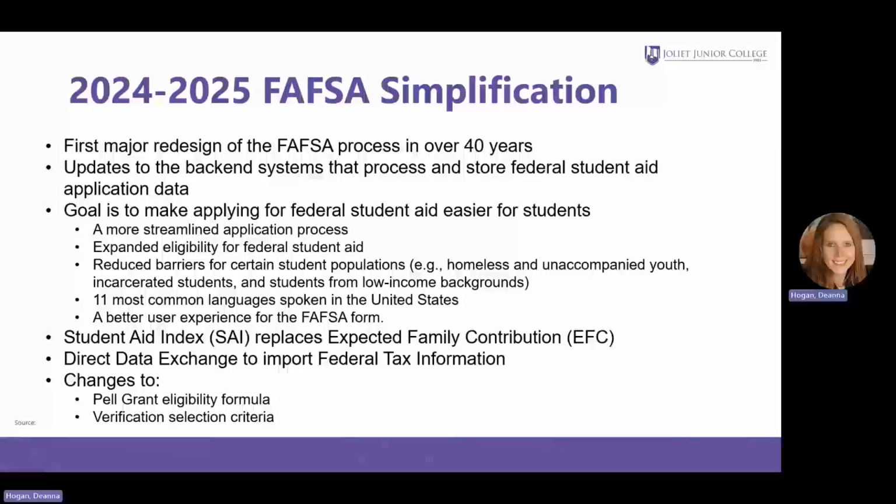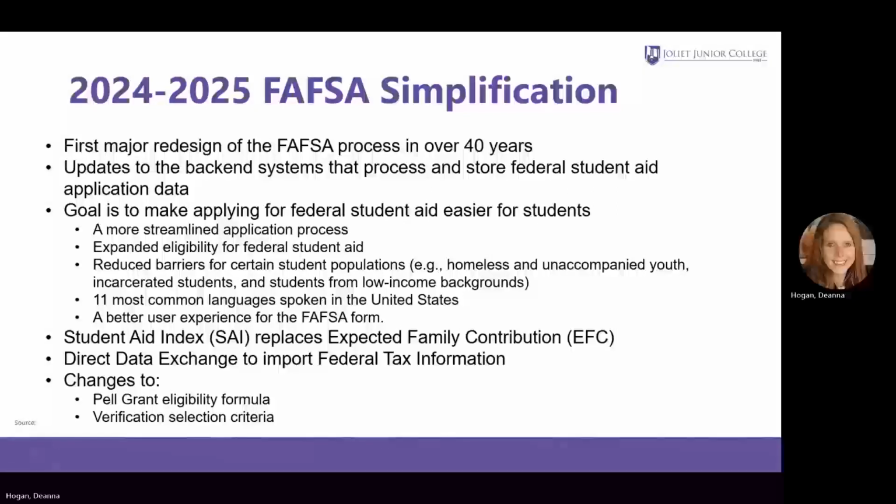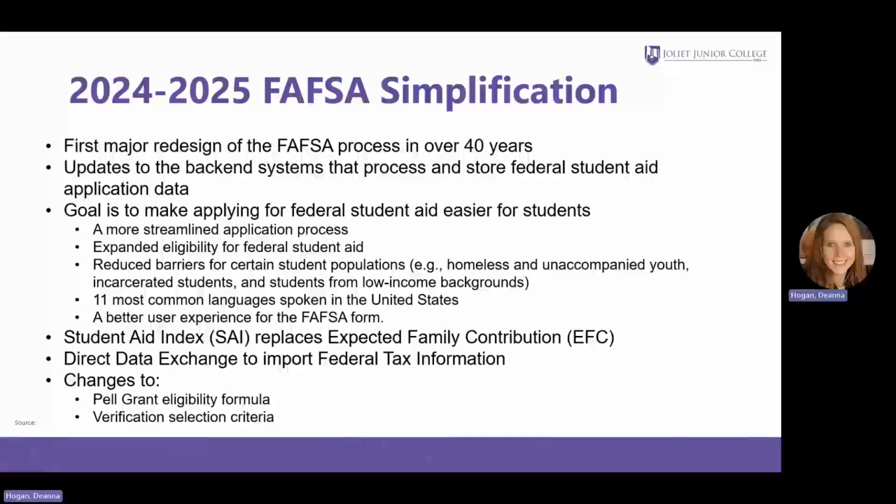The goal is to make applying for federal student aid easier for students, as well as expand eligibility for federal student aid. We will also see some terminology changes this year. For example, an expected family contribution, or EFC, is being replaced by a student aid index, or SAI. We will talk more about some of these changes later in the presentation.